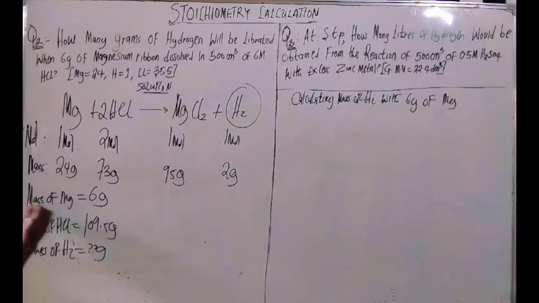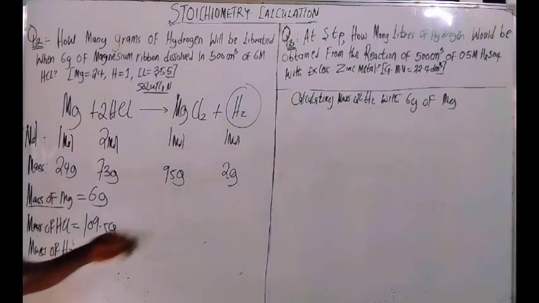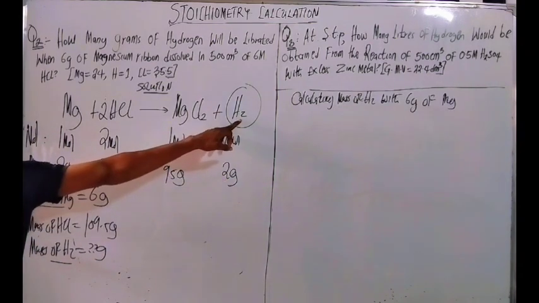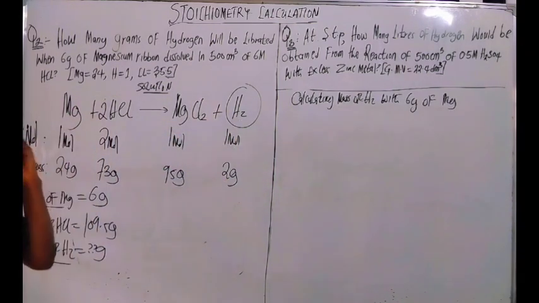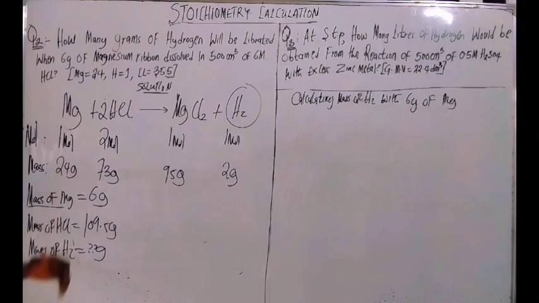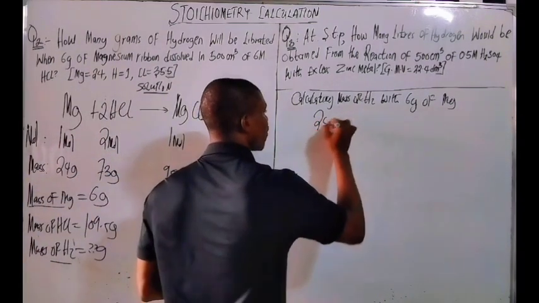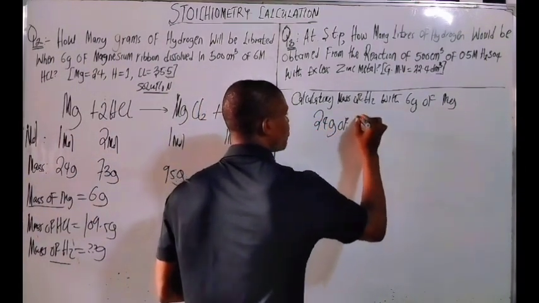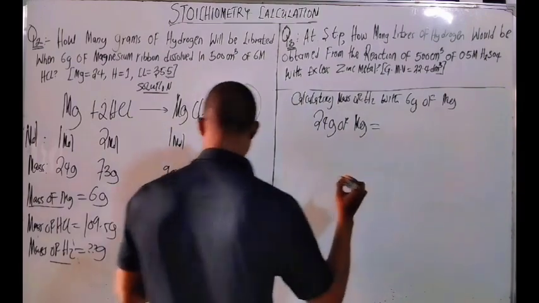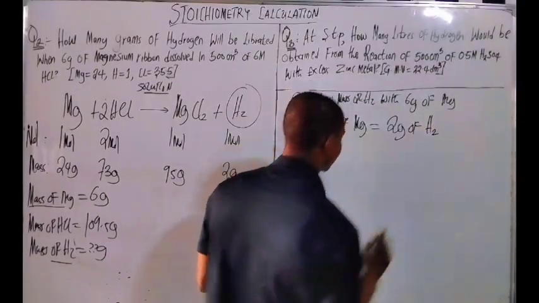So it will be mass to mass. Now in the balanced equation here, 24 gram of magnesium is equal to 2 gram of hydrogen gas. Do you understand? That is it. So for the balanced equation now, you just write it out: 24 gram of magnesium is equal to 2 gram of hydrogen gas. Do you understand?